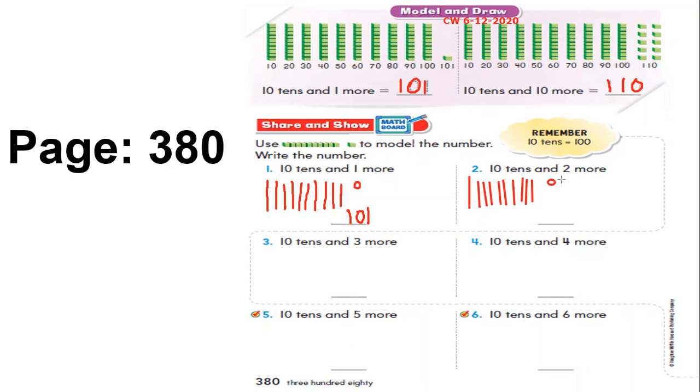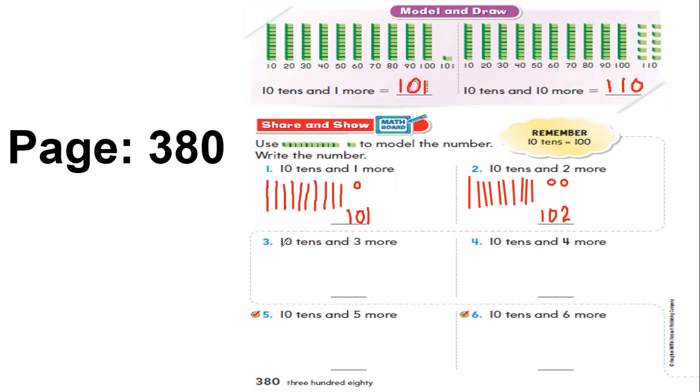So what's the number I'm going to write here? 10 tens, so that becomes 100, and 2 more is 102. Yes, very good. Excellent. Miral, Livia, Iliana. Yes, very good, Janat. So that's 102.